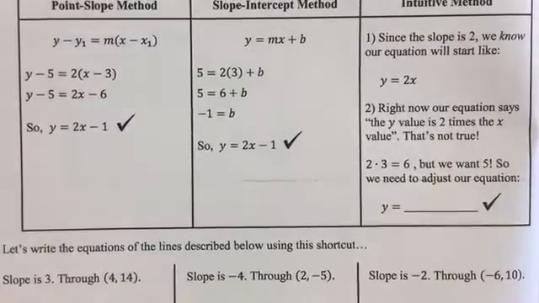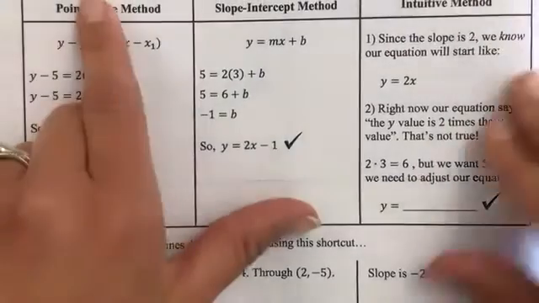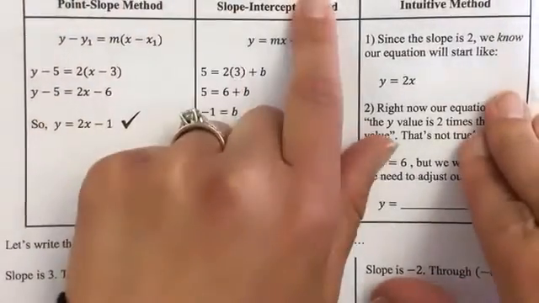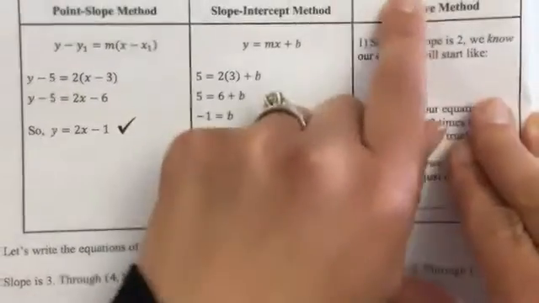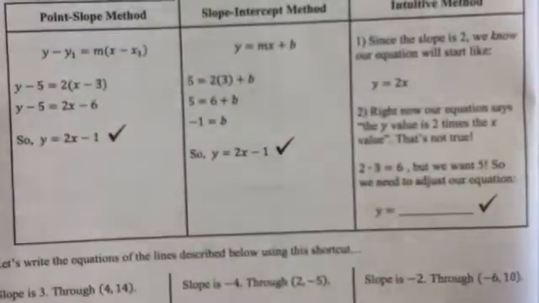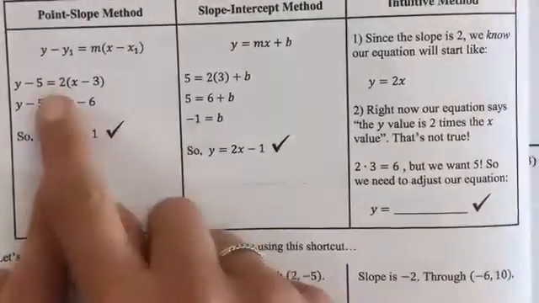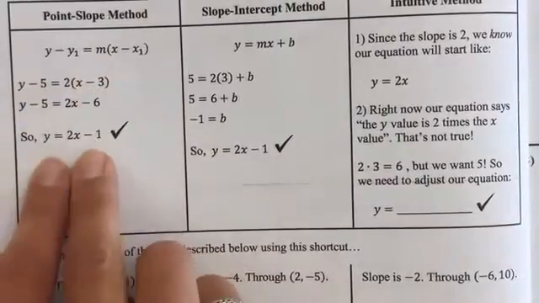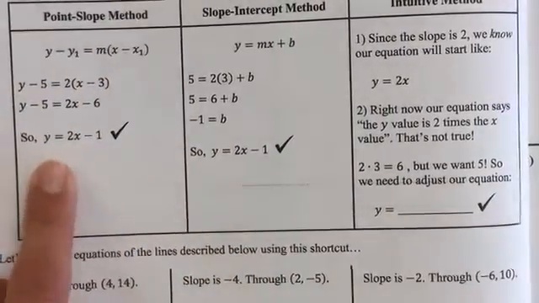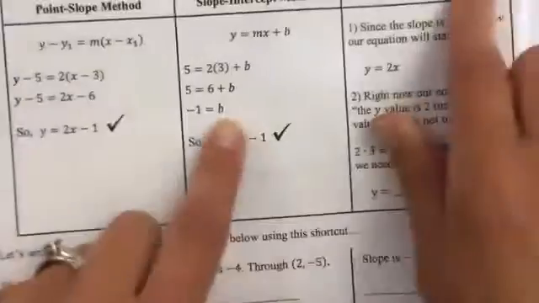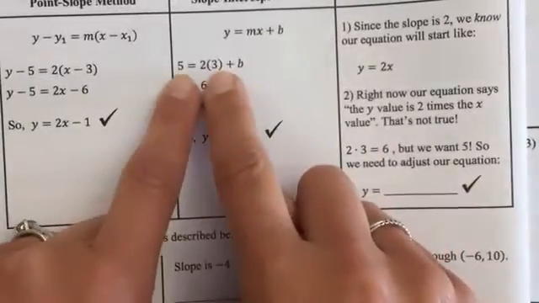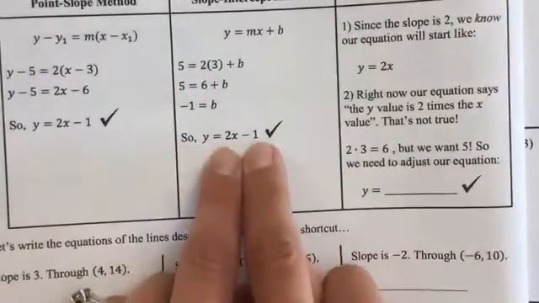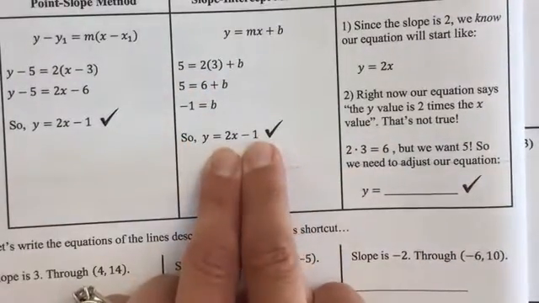Write the slope intercept form of the equation whose slope is 2 and contains the point 3, 5. Point slope form, we put the 2 in, put the point in, we solve to get y. Slope intercept form, we put the 2 in, we put the point in, we solve for b, and we put the slope and b into the equation.